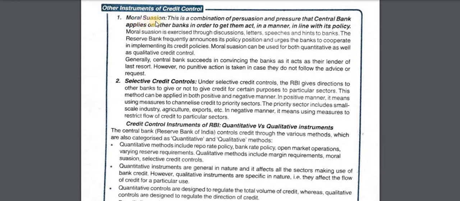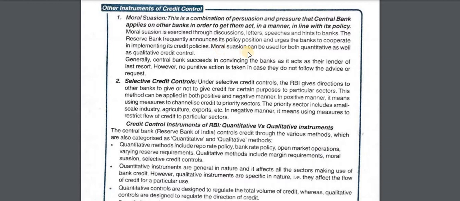Moral suasion. This is the combination of persuasion and the pressure that the central bank applies on other banks in order to get them to act in a manner in line with its policy. Moral suasion is exercised through discussions, letters, speeches and hints to the banks. The Reserve Bank frequently announces its policy position and urges the banks to cooperate in implementing its credit policies.